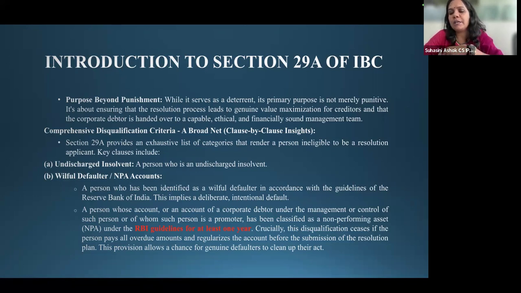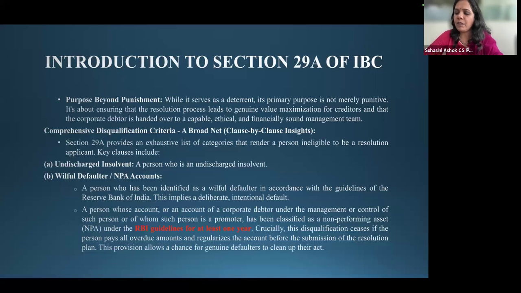So currently in the market, the detailed EOI and affidavit formats are all mostly formalized. A very detailed, exhaustive list of section 29A, and the connected persons and related party list is also provided to the prospective resolution applicants or bidders, wherein they fill in all these details.